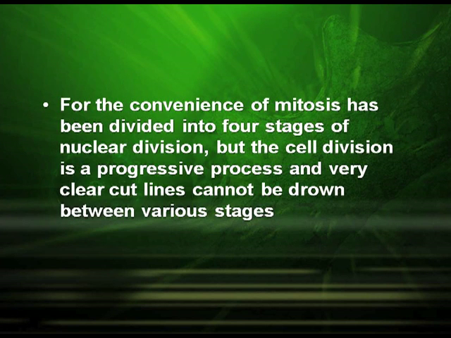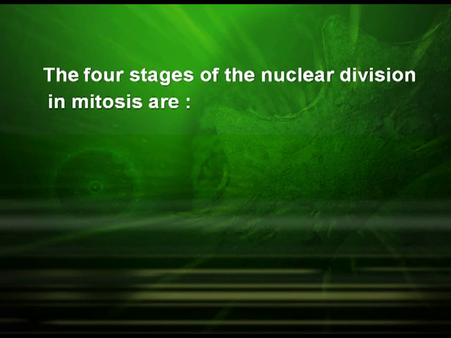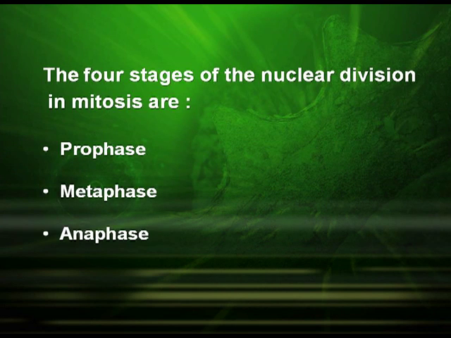For the convenience of study, mitosis has been divided into 4 stages of nuclear division. But the cell division is a progressive process and very clear-cut lines cannot be drawn between various stages. The 4 stages of the nuclear division in mitosis are prophase, metaphase, anaphase and telophase, in that order.